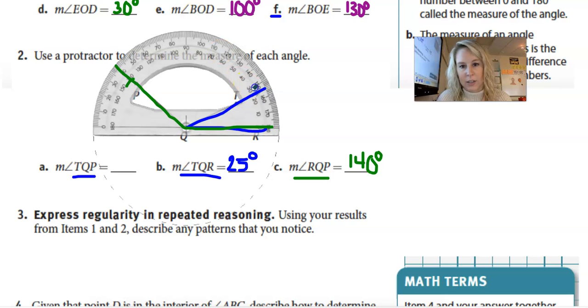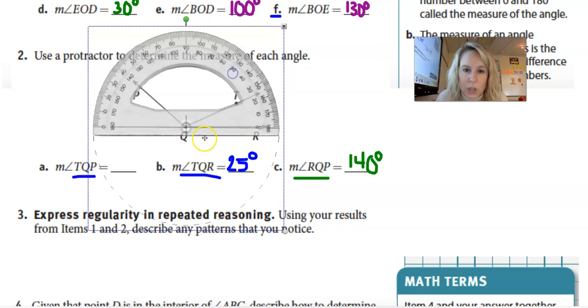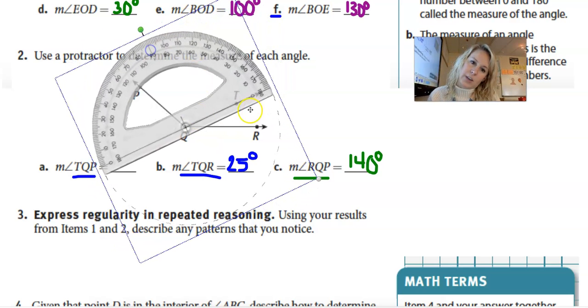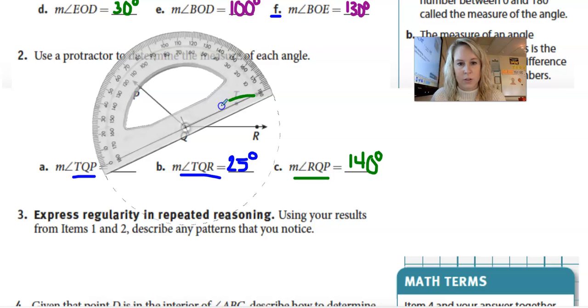Now to find the other angle, I first need to rotate my protractor to get this nice neat edge to line up with it. So I'm going to make this my new 0. And so T, Q, and P, I can now see that went from 0 to about, that's in the middle, I think, so 115.